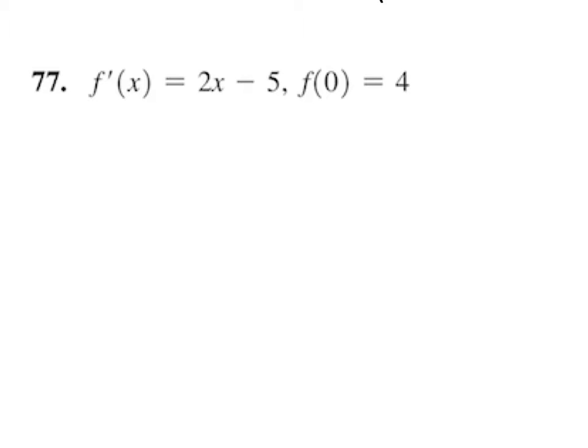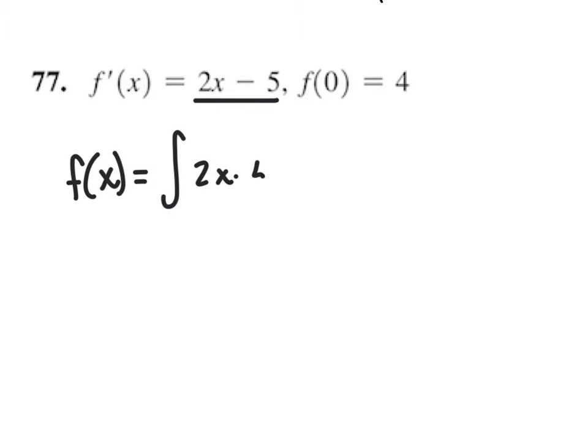So first of all, I want to write that I want to find my function f of x. And the way that I find my function f of x is to take the antiderivative of my derivative, which is 2x minus 5. So the integral of 2x minus 5 dx.